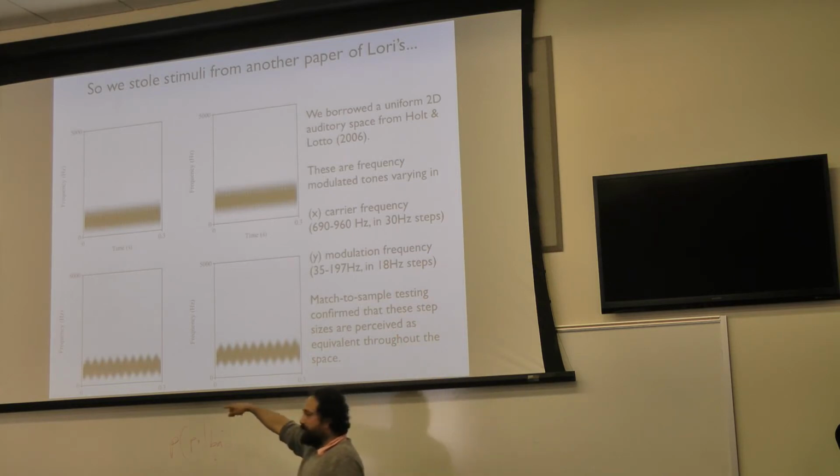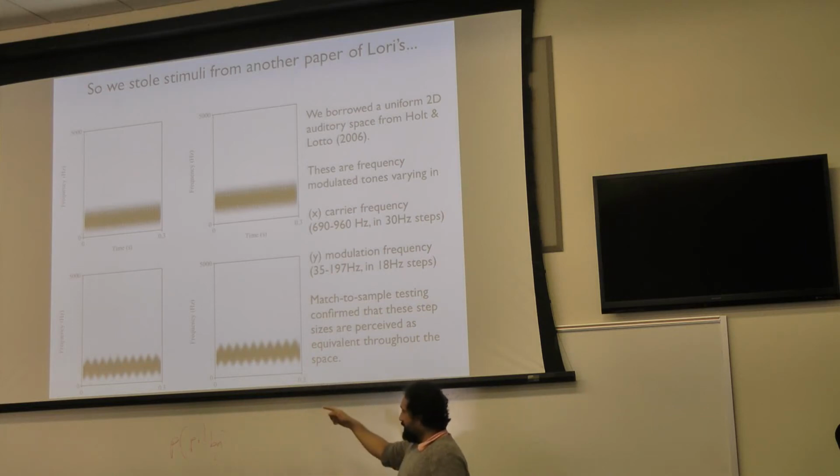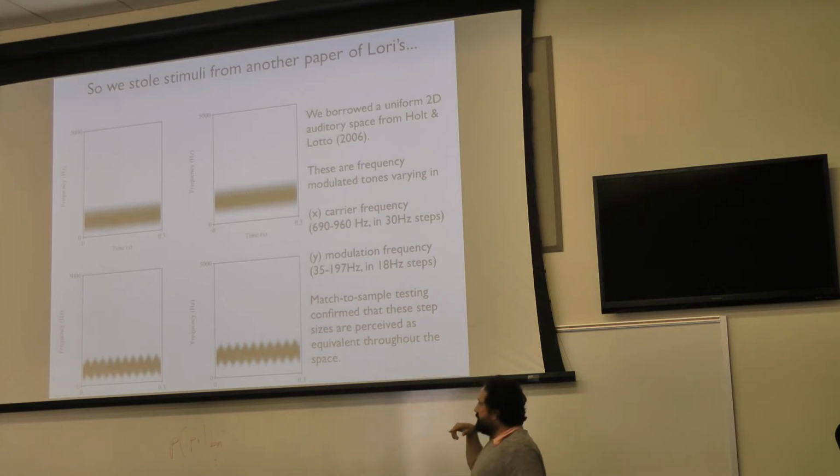So there's more chirpy stimuli at the low end and more buzzy stimuli at the high end. We also vary the carrier frequency from 690 to 960 hertz. So, sort of high pitch sounds. You'll hear them in a moment.